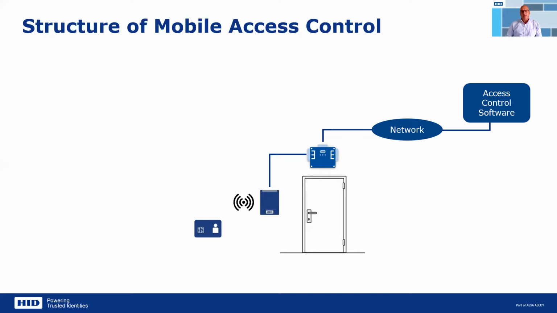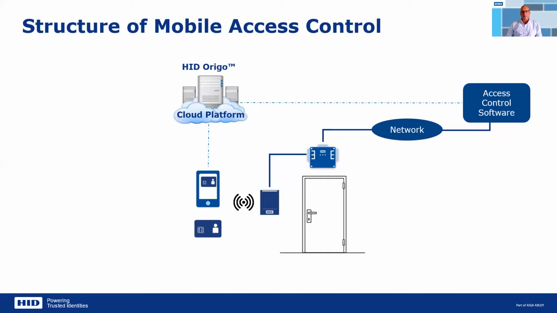If you want to replace the RFID card with smartphones, you also need to expand the access control infrastructure. You need to have a cloud system that will provision the digital credentials into this phone. This system should be linked to the access control software because, of course, the access control rights must come from the access control software.